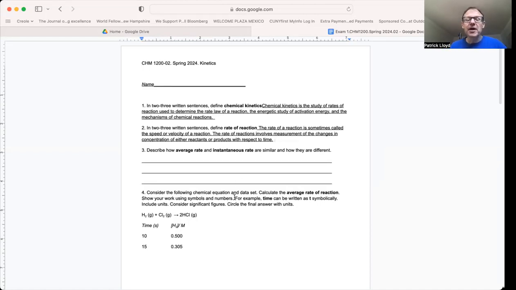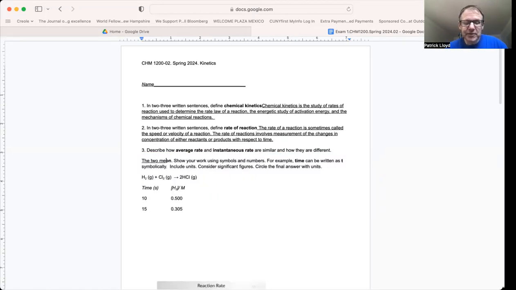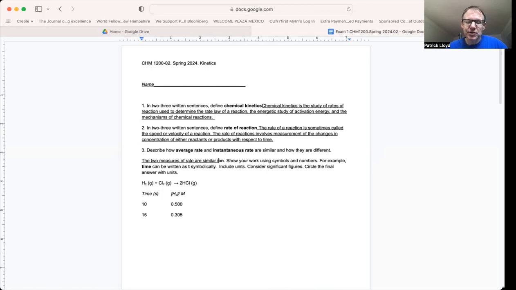In the third one, describe how the average rate and the instantaneous rate are similar and how they are different. Okay, well, the two measures of rate are similar in that they each measure how fast a reaction is proceeding, right?